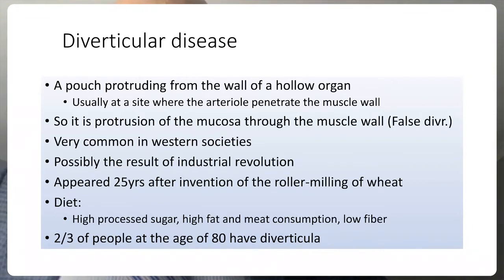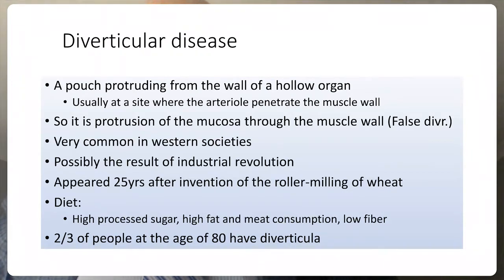The reason it was thought to be caused by the Industrial Revolution is that the first reports of the disease appeared about a quarter of a century following the invention of the roller milling of wheat, which led to the production eventually of white bread, where the fiber in the wheat got removed through these milling machines.